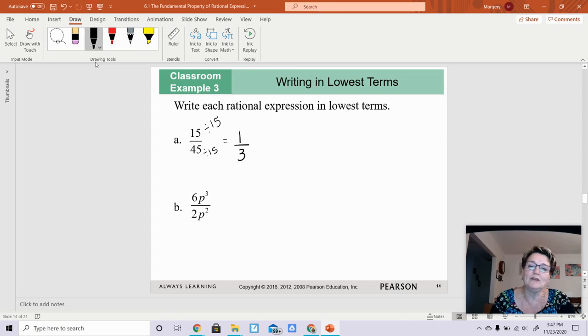Now, remember when you divide powers, you subtract the exponents. Because I have a fraction here, I'm going to write a fraction there. Now, 2 goes into 2 once, 2 goes into 6 3 times, so 3 is here. P cubed divided by p squared is p, and then you're completely finished.